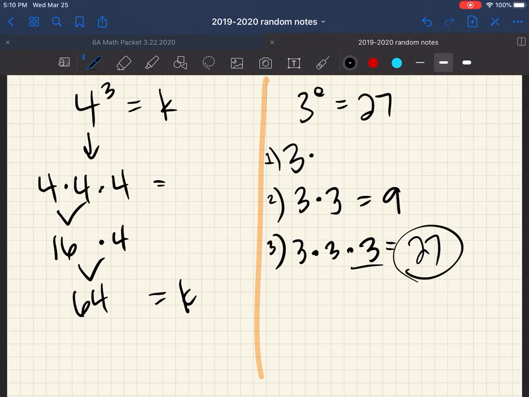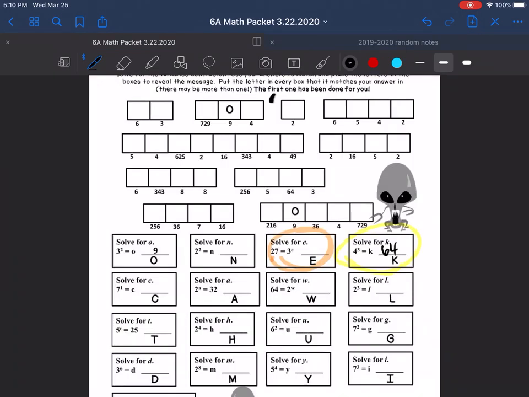So I had to multiply by 3 one, two, three times. So 3 to the third power is how I get 27, so e is equal to 3. It's a little different because now I'm not just simplifying my exponent, I need to figure out what my exponent is. So over here, my e is 3.